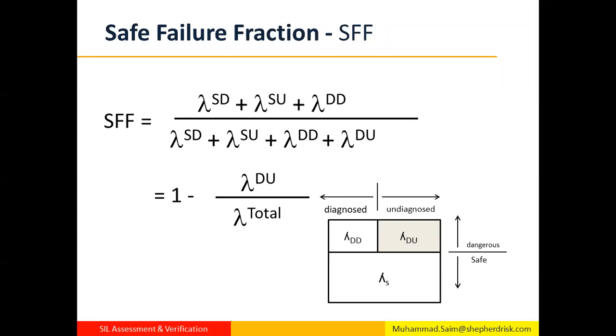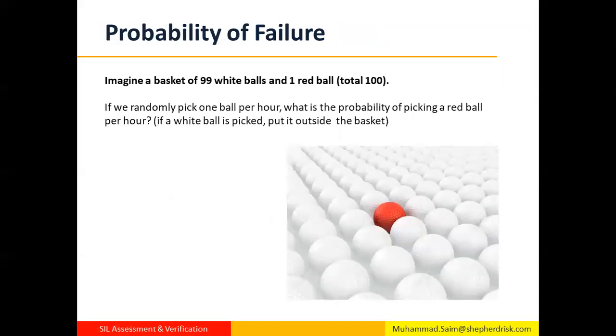All the dangerous failures that are detected are considered safe, because we can take action and restore the functionality within a certain period of time, and all the safe failures. So the ratio of the detected plus the safe failures to the total failures is the safe failure fraction. We'll come back to this at the end of the presentation.